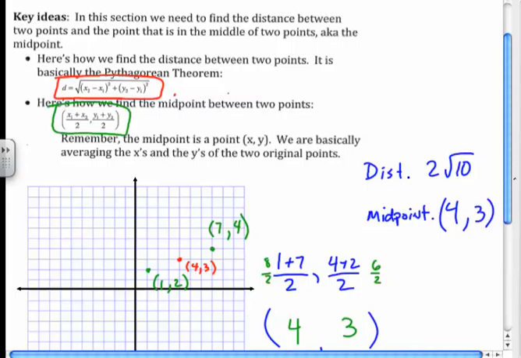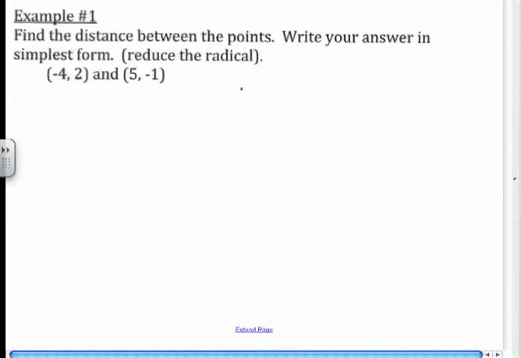But you can see with the distance formula up here, distance equals the square root of the differences between the x's squared plus the differences between the y's squared. And that's just basically the Pythagorean theorem.